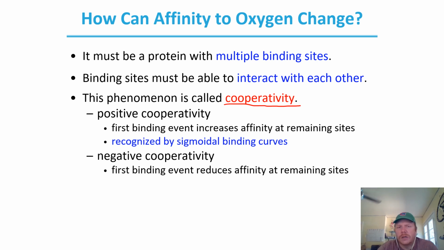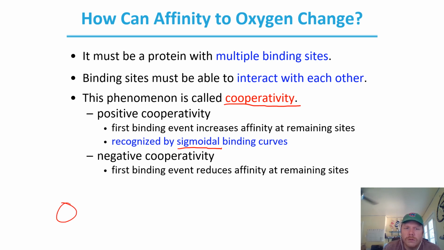I'll get into a metaphor for describing it in just a little while, but what we see with hemoglobin is something known as positive cooperativity. The first binding event increases affinity at the remaining sites. This is recognized by that sigmoidal binding curve that we saw previously. Negative cooperativity, on the opposite hand, is when the first binding event reduces the affinity at the remaining binding sites.